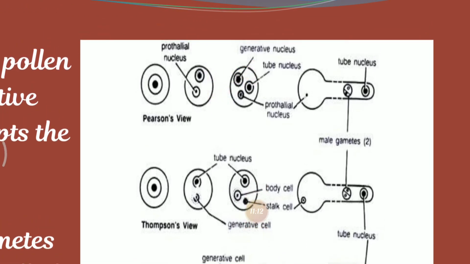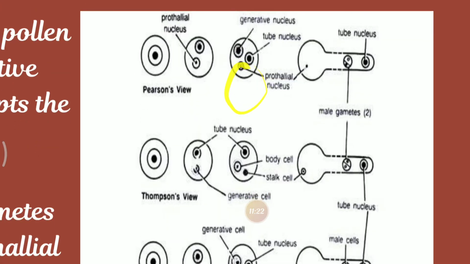What happens later? The nucleus of the microspore divides into two daughter nuclei. One of the daughter nuclei once again divides into two. Here you can see how the division is taking place. Thus a trinucleate cell is formed.